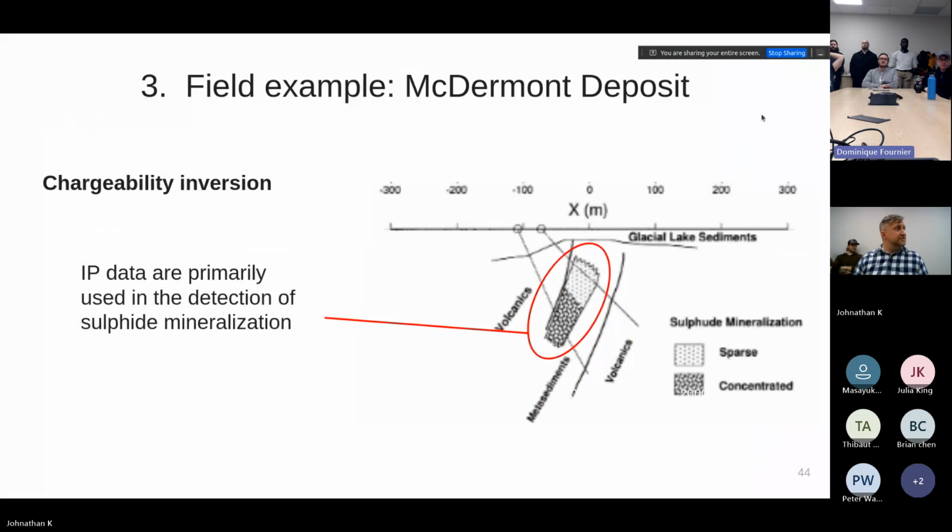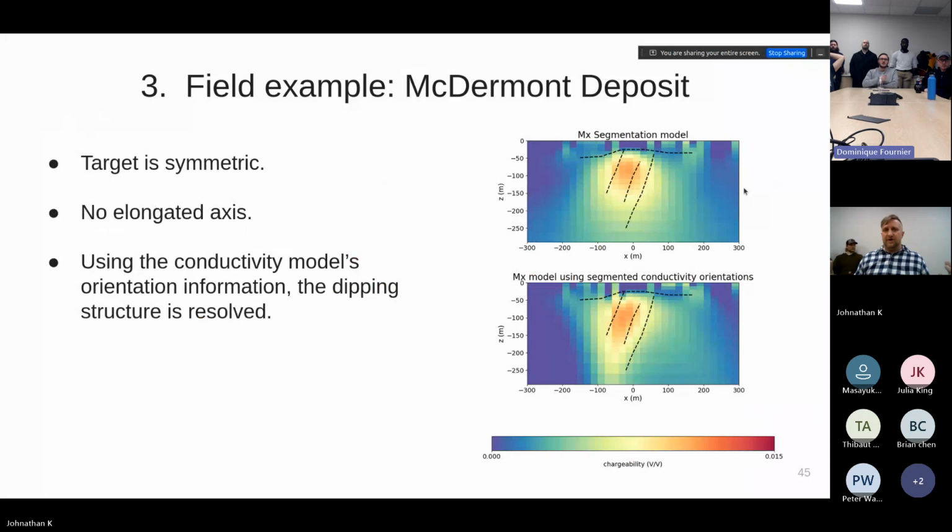But if we go to the chargeability inversion, I just want to focus here that the mineralization zone actually is broken into two. It's kind of symmetric, where it's got a higher concentration zone and then another higher concentration zone. And when we run our algorithm through this, the target is a little symmetric, so we're not getting any elongations along the principal axes.